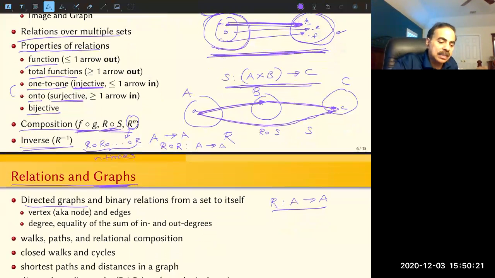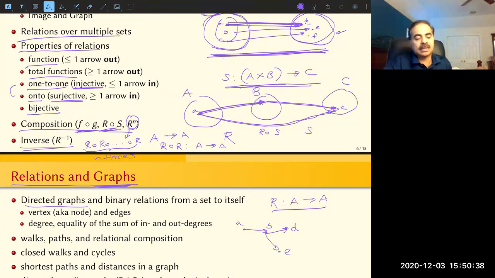But if there is just one set, then you are able to go from A to B, and then you may be able to go from B to D, and B to maybe E, and so on, right? And that's what we call a directed graph.